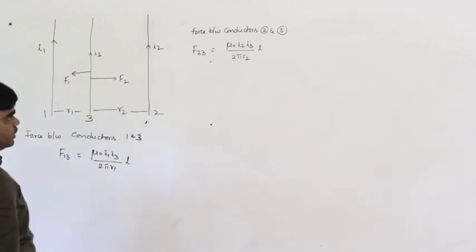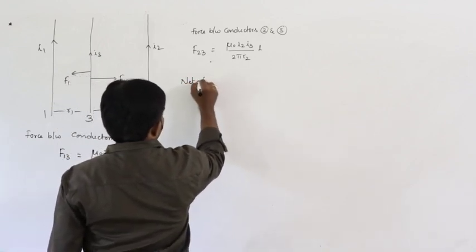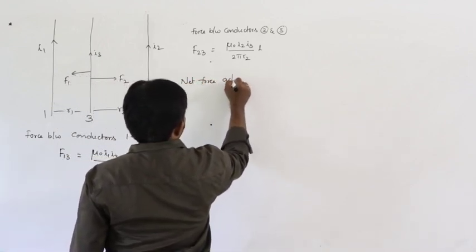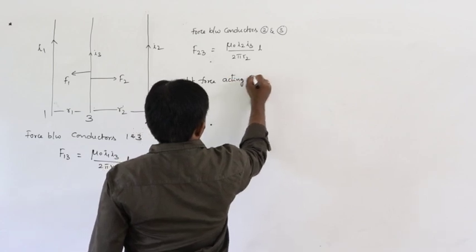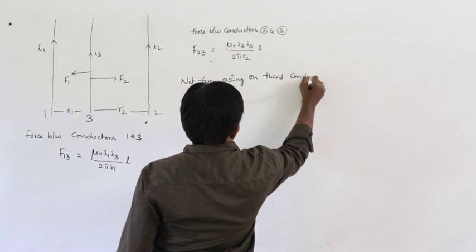Both are in opposite direction. What is the net force acting on the third conductor?